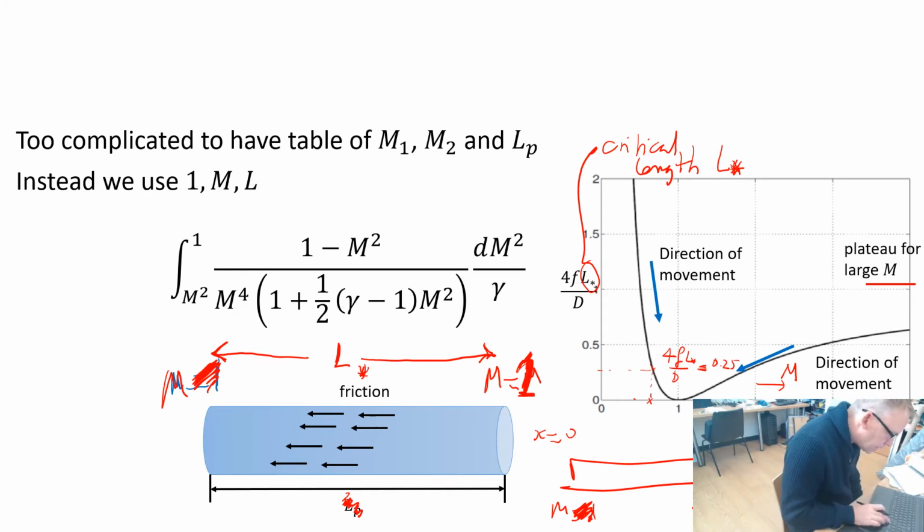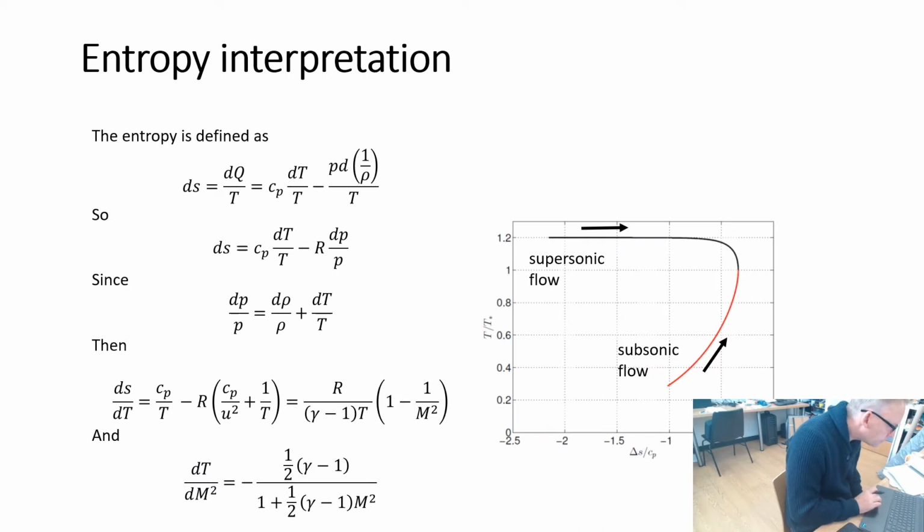One thing about all of this is that there is a plateau for large Mach number, just above a value of about 1. So for Mach number tending to infinity, the dimensionless critical length is just about above 1.